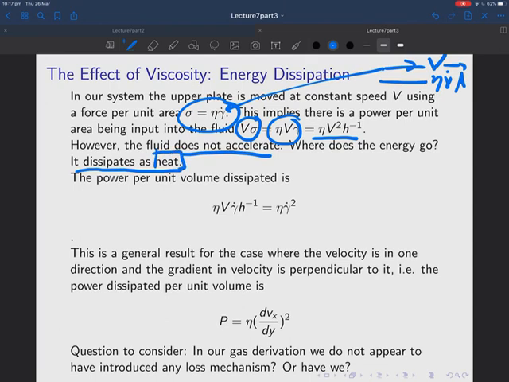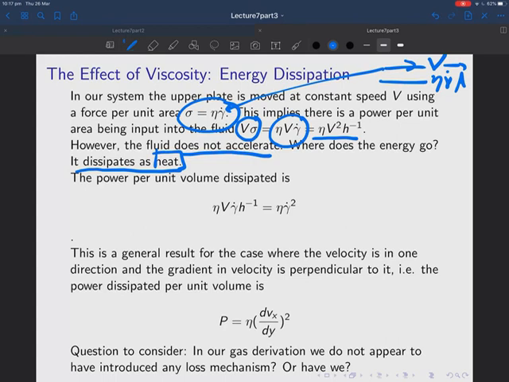So the power per unit volume dissipated is just going to be the power, which is this thing, divided by h. This here is the power per unit area, and to get the power per unit volume I need to divide by h, the distance between the two plates.